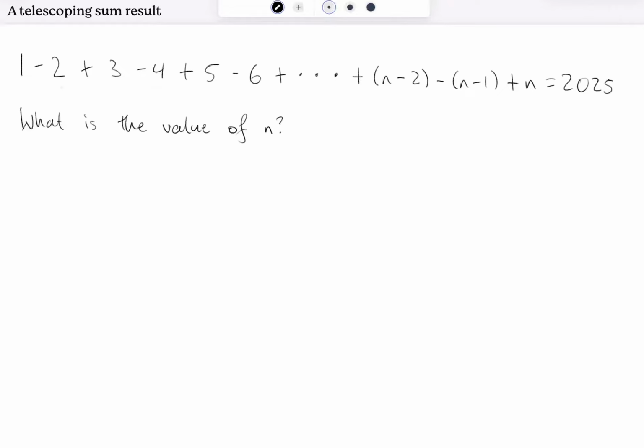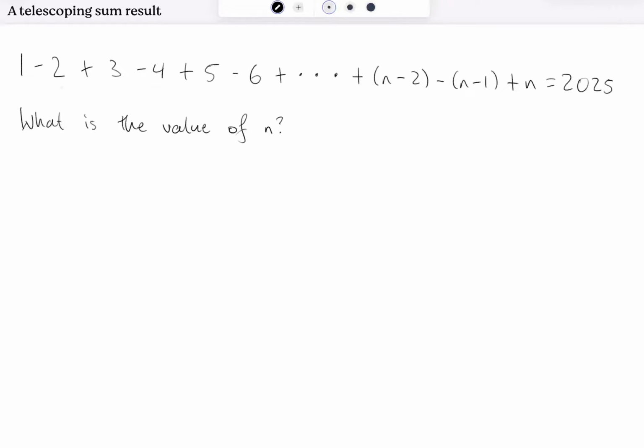The key to do this is to identify a pattern within the pattern, and usually with these kinds of sums, we want to pair them up in such a way to simplify the expression. But how do we pair these terms exactly?